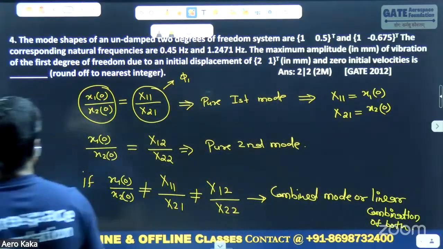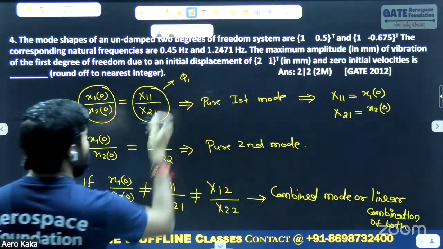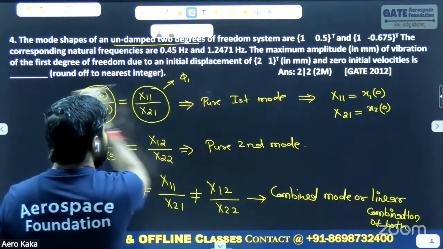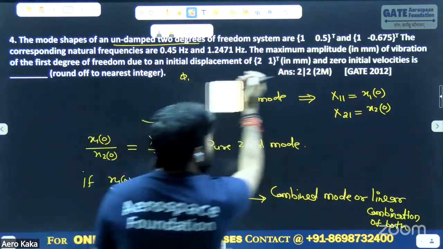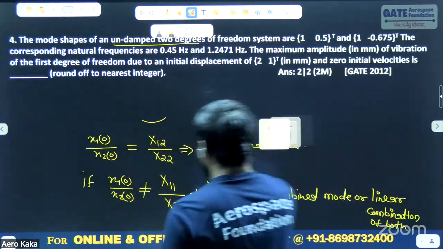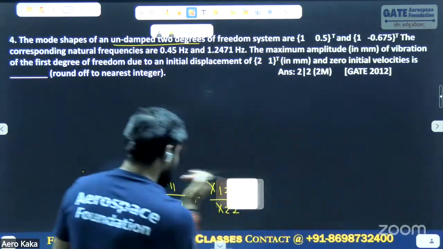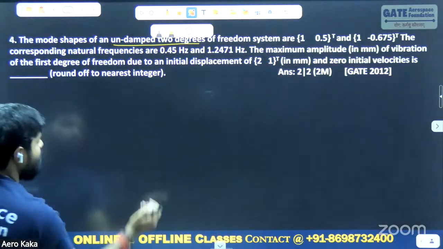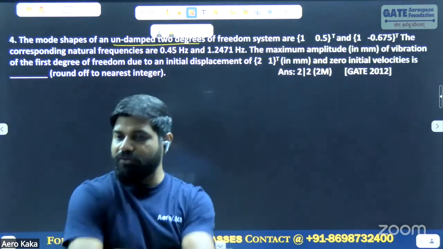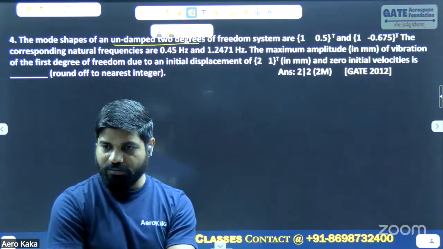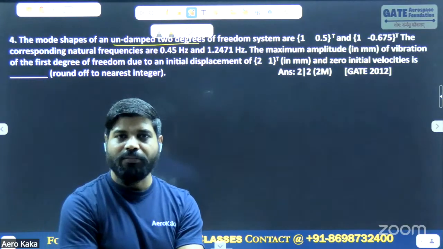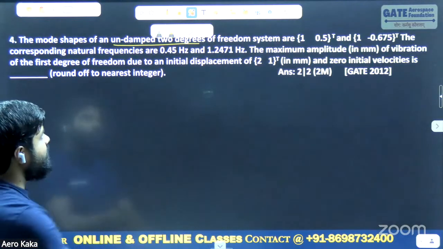So they are saying the mode shapes of an undamped 2 degree of freedom system are this or that. Please remember, in these kinds of questions the examiner knowingly provides lots of data just to confuse you. Is that clear or not? So here what is given?